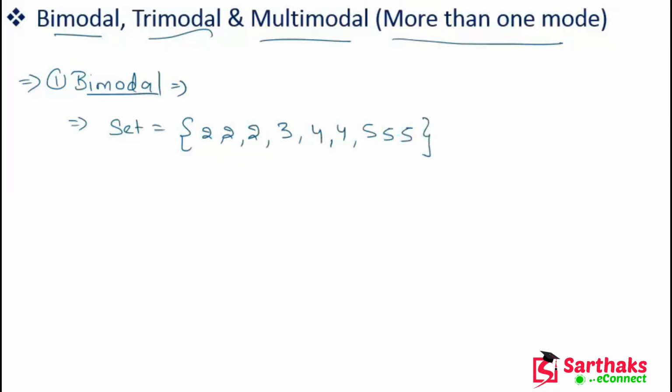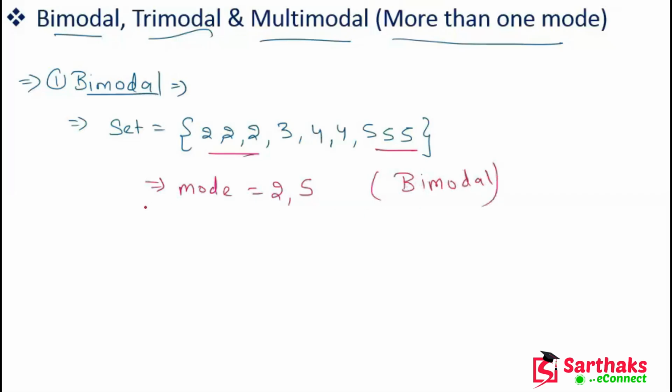In the given set we have 2 three times and 5 also three times. So the modes are 2 and 5, both repeated 3 times. So we can say the set is bimodal.